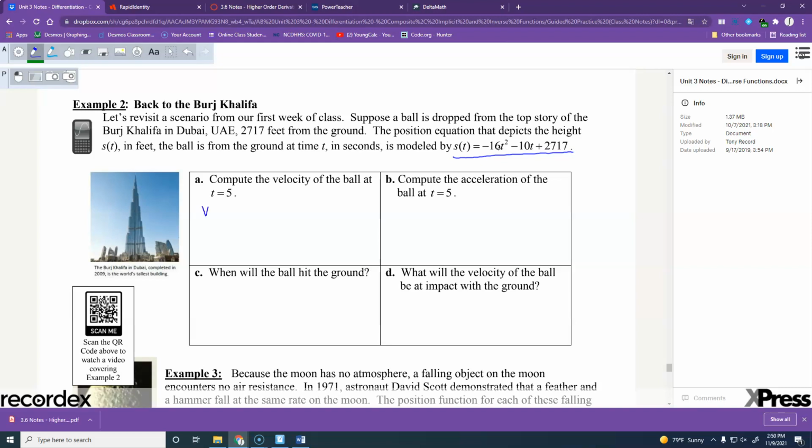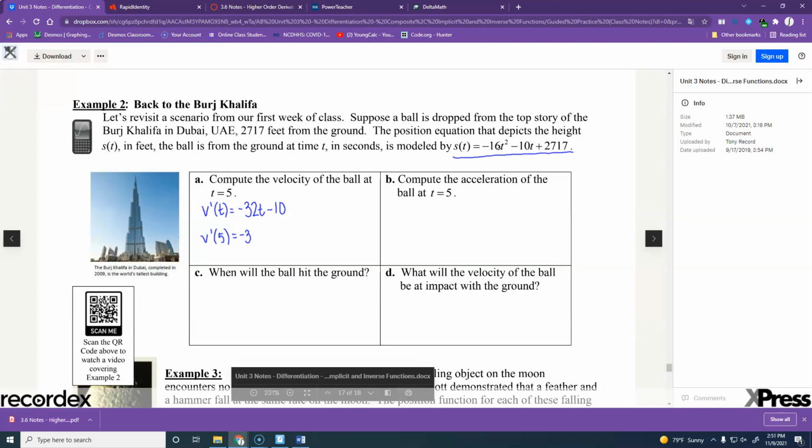Derivative. So, we're going to take the derivative, which will be negative 32t minus 10, and then at 5, oh, yes, thank you.